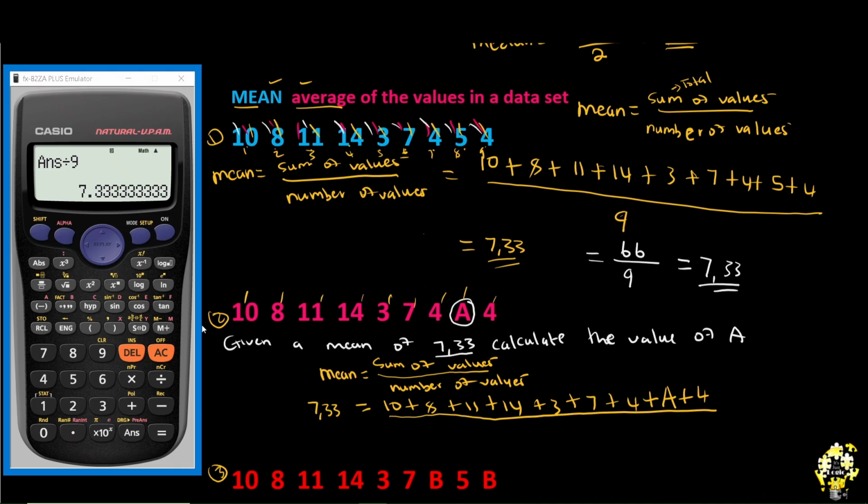Now we have value number 1, value number 2, 3, 4, 5, 6, 7, 8, 9. Yes, we are accounting for A because A is already in the sum of values. So we are also accounting for A. So we are going to have a 9 here.